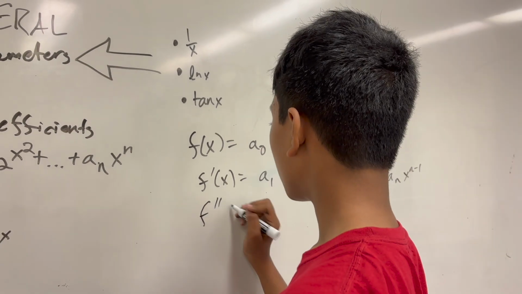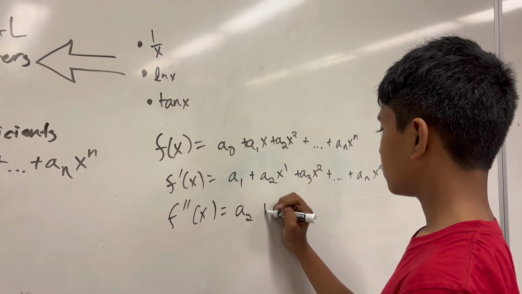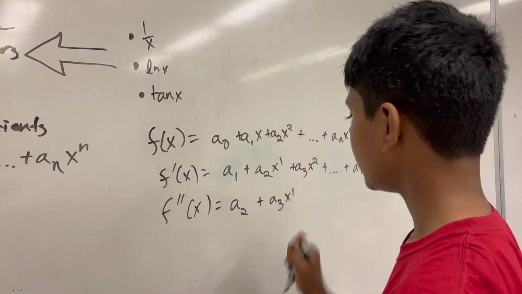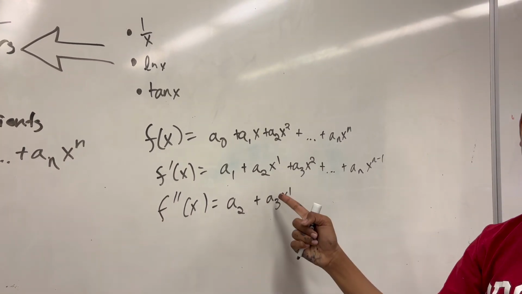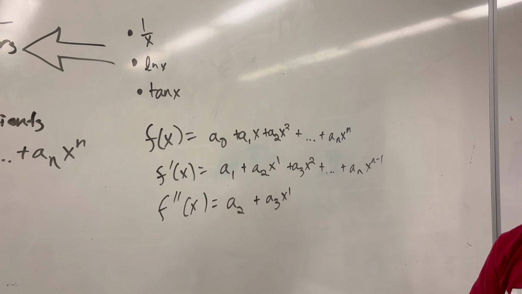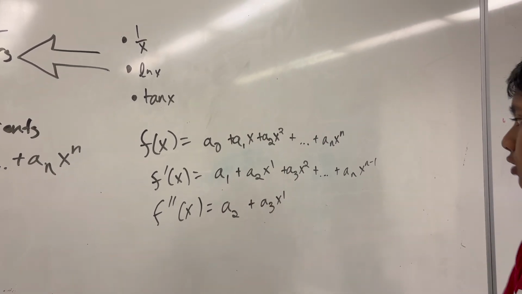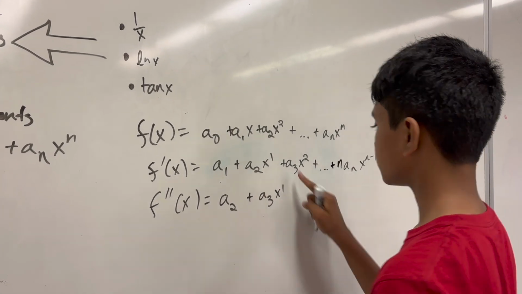What's f double prime? It's just 2 a2 plus 6 a3 x. Oh, and yes, once you do the whole power rule thing, the powers come off and go into the coefficient. But these are constants anyway, so I'll leave them as they are right now. But if you're really a nitpicker, we could just put these.